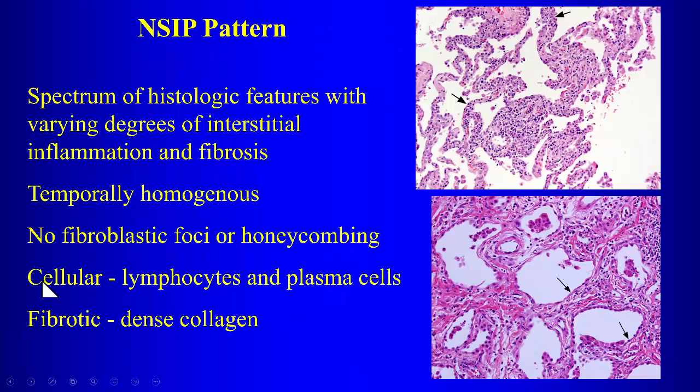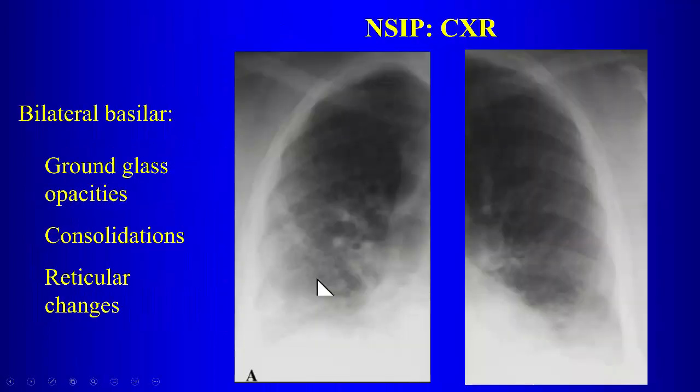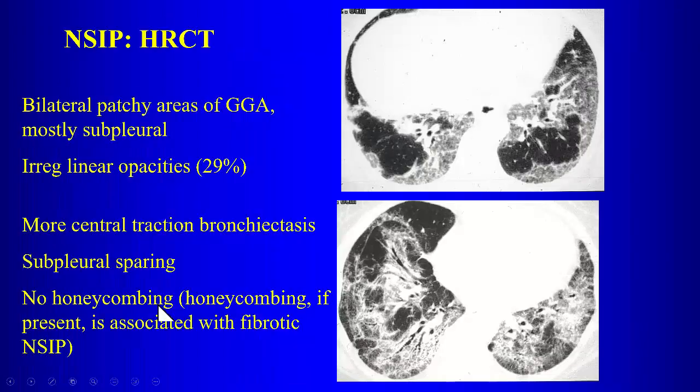Okay? So the NSIP pattern, here it's temporally homogeneous. So there was one incidence of lung injury, and the lung is at the same stage of repair at various sites of biopsy. No fibroblastic foci, no honeycombing. There's this cellular interstitial pattern with dense collagen on biopsy. On chest radiographs, we might see ground glass, we might see a basilar distribution of opacities, reticular opacities.